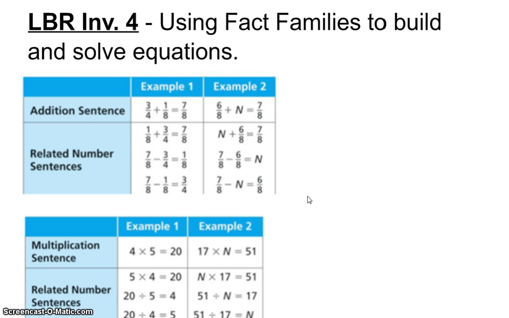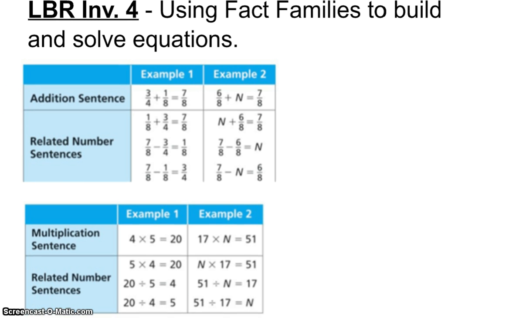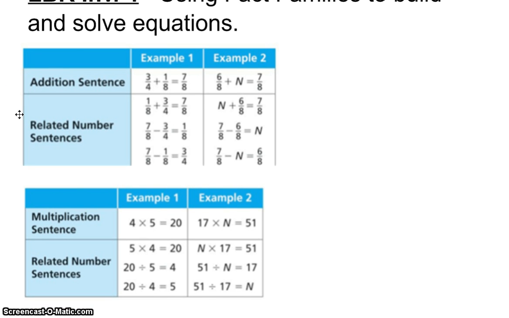And so, just real quickly, a fact family is a set of 4 facts that are related. It would be 2 addition and 2 subtraction sentences, or there could be 2 multiplication and 2 division sentences. I've got a couple of examples here for you, one without variables and one with variables.